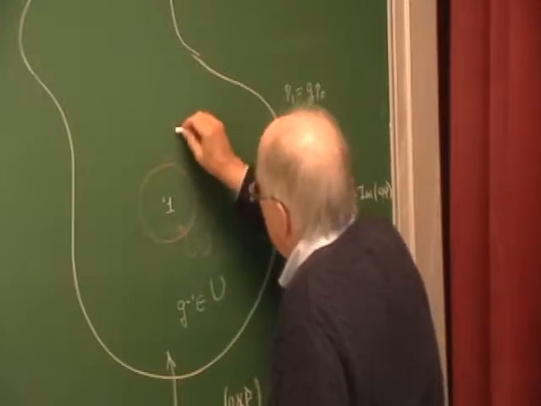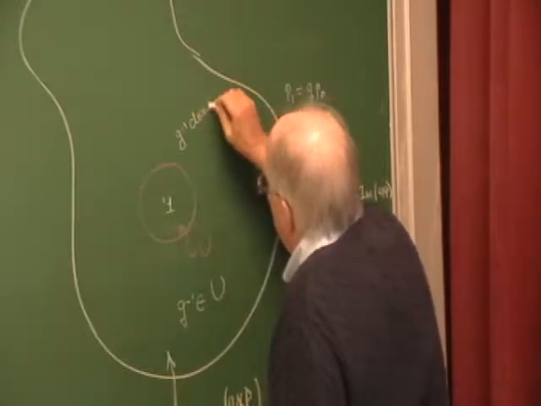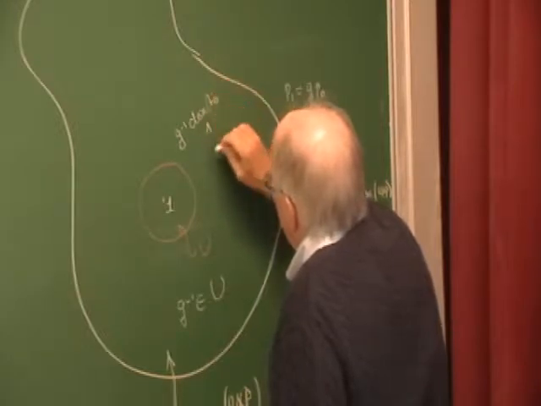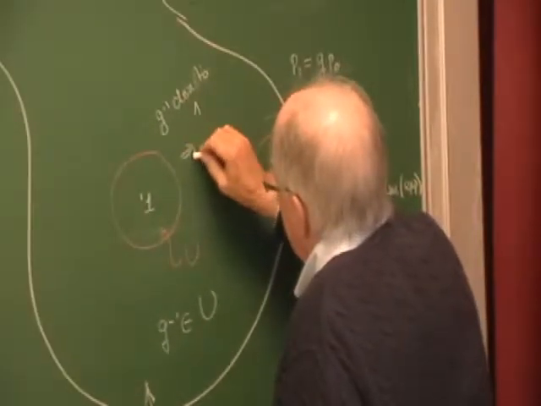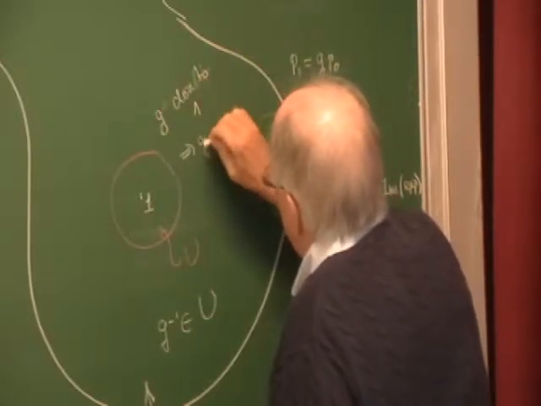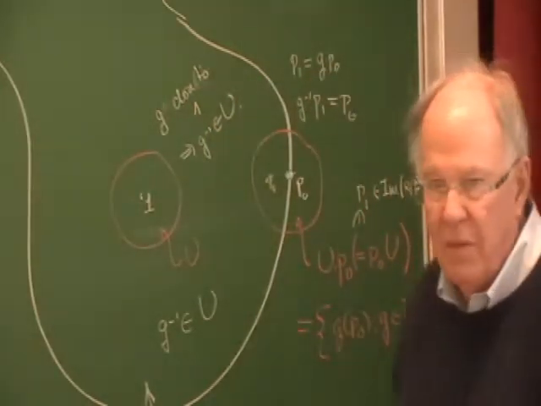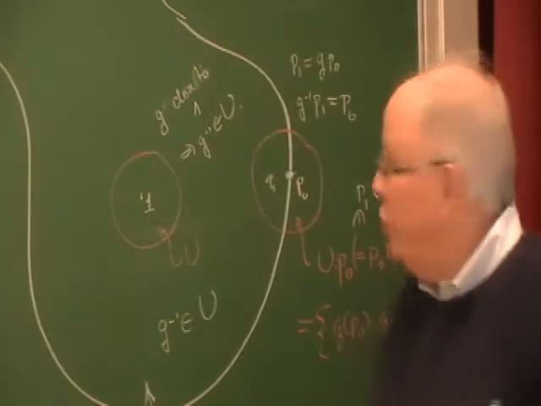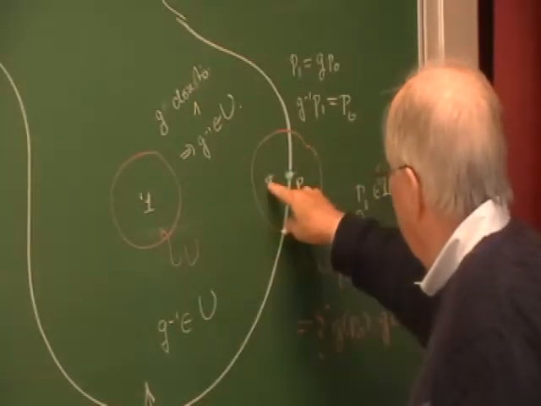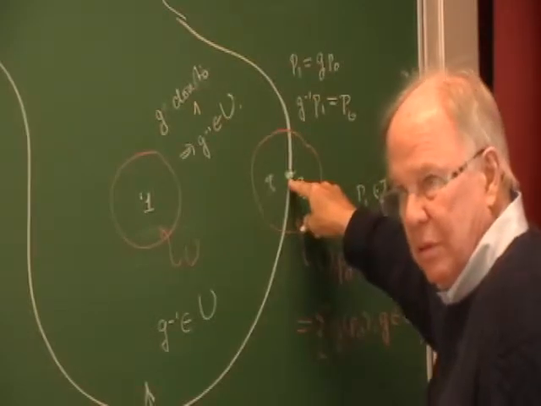So I will say G close enough to 1 implies G inverse in U. Certainly true. G inverse needs to be in U, otherwise it's stupid. But if G is small enough, and I can make G arbitrarily small, because I do that by taking P1 arbitrarily close to P0. Okay?